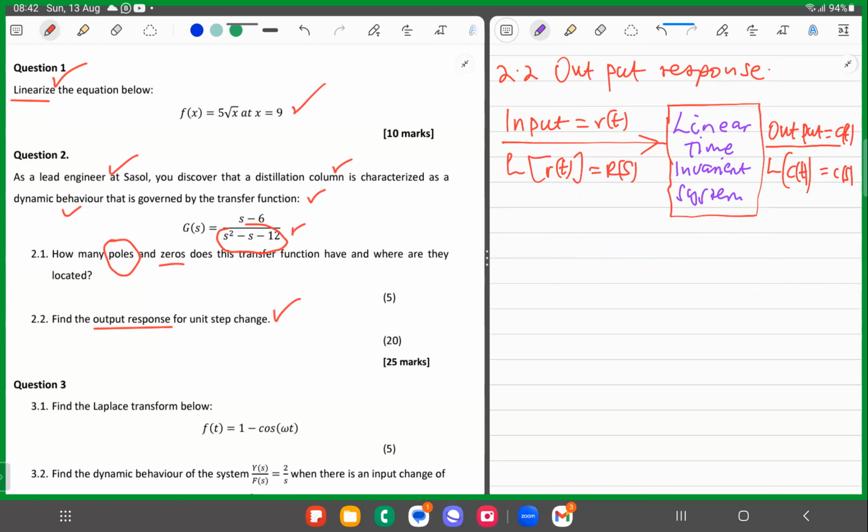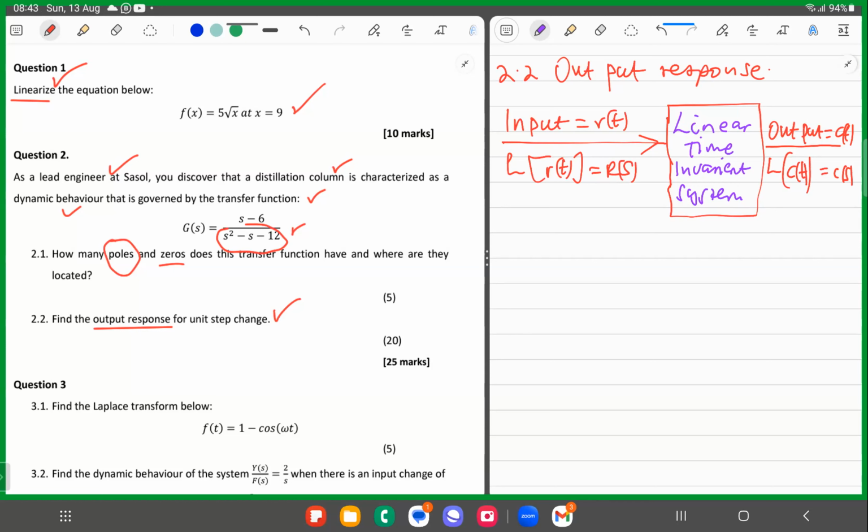Right, so let's do this. We continue. There is something we call the fact that the initial conditions will give us the transfer function.